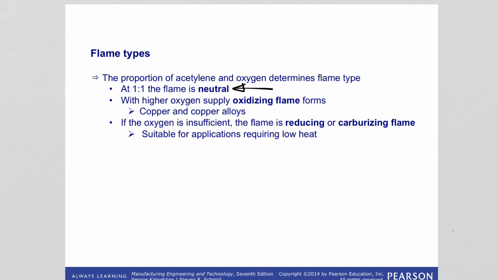But in welding of steel, for example, with this flame, it is considered harmful because excess oxygen reacts with carbon in the steel, which lowers the carbon content in the region around the weld.